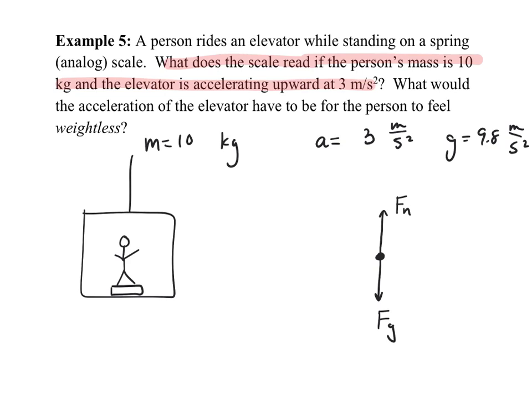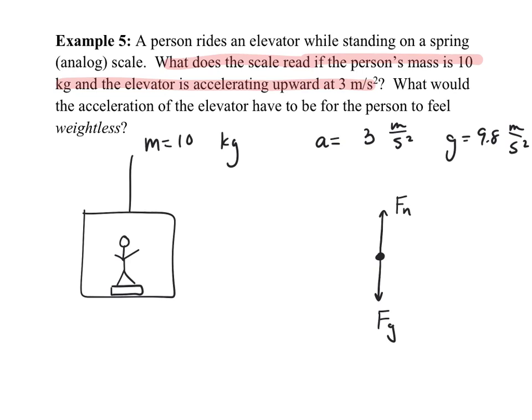But we are really concerned with what the scale is going to read, which is difficult because nowhere do we say we have a reading for the scale. But here is the thing. The way a scale works is it's literally showing you the normal force pushing back.